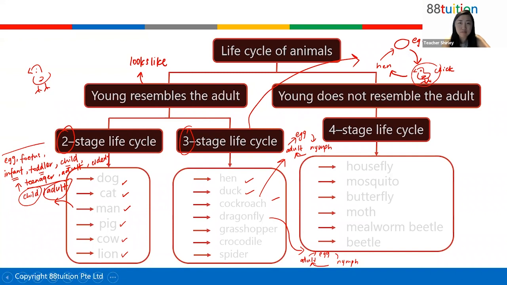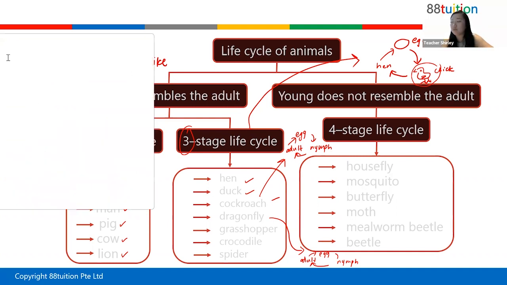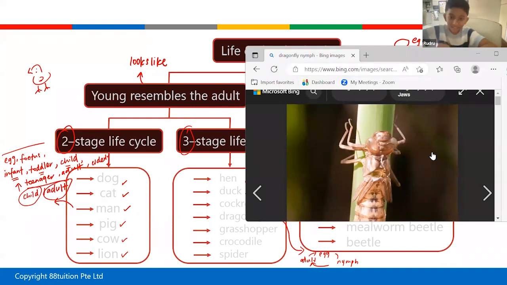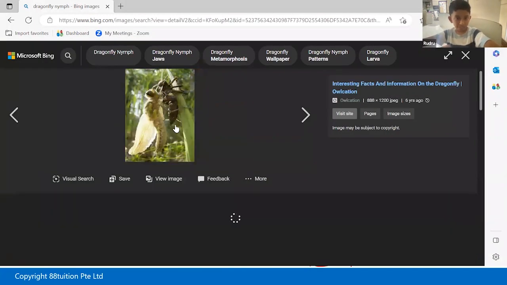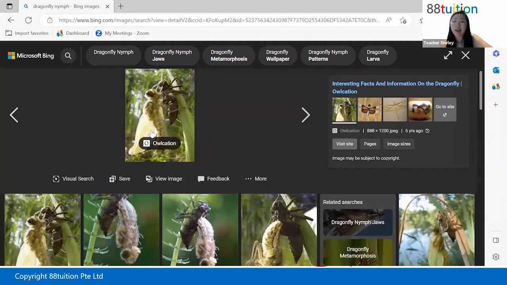Yeah, this is a dragonfly nymph. So more or less, it still has certain features of the dragonfly. Okay, so it resembles the adult, means more or less it still looks a little bit like the adult.